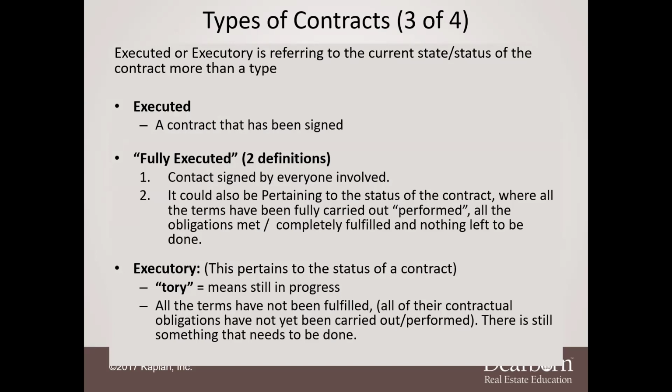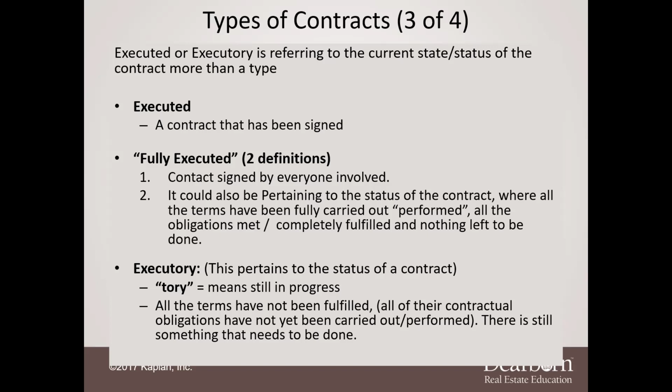And then we also have terms that could relate to the status of a contract. A fully executed contract means all the terms of the contract have been completely fulfilled and there's nothing left to do. An executory contract could be one that is still in progress and we still have things that have not yet been done.